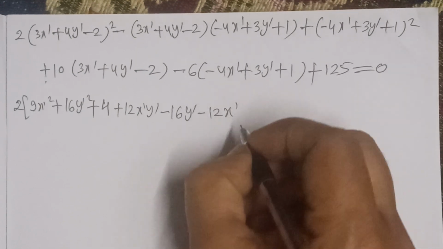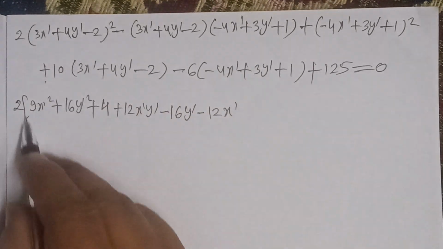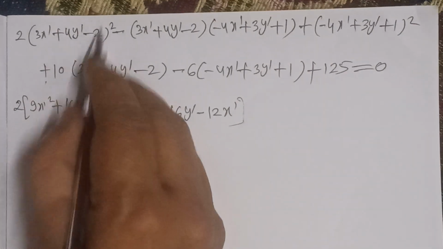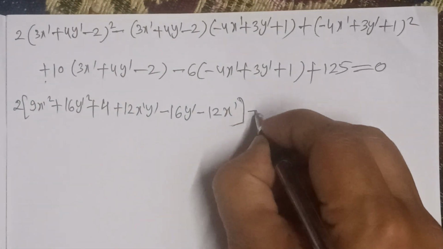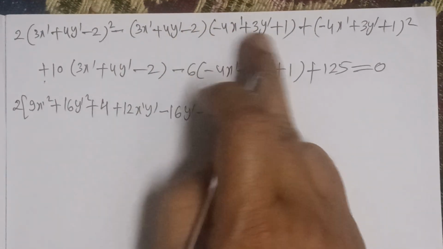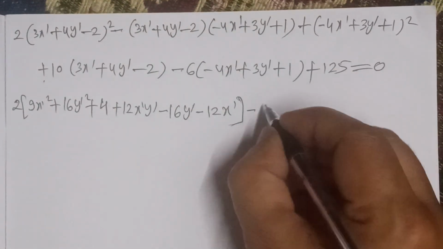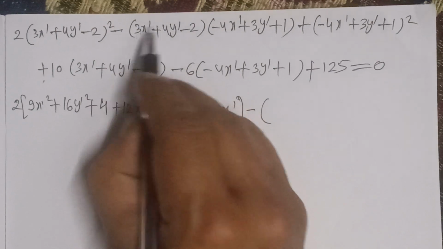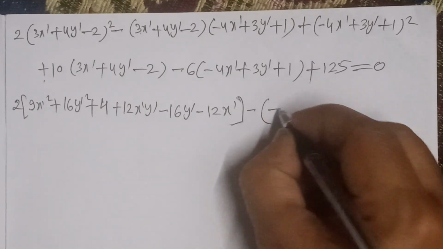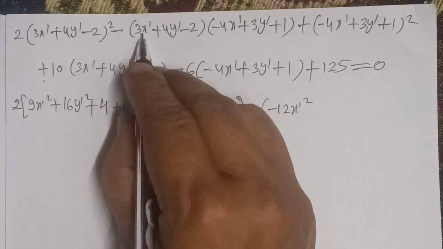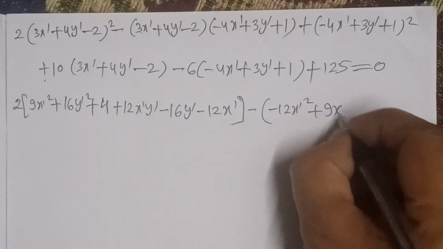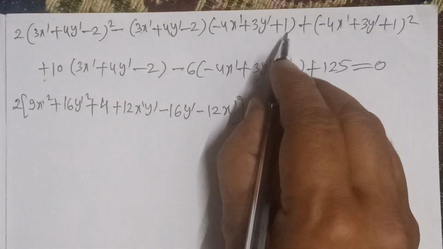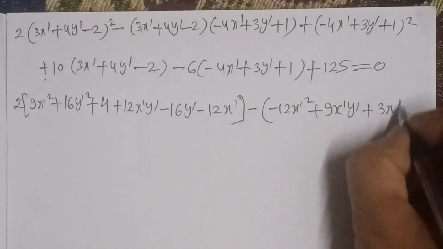12x'. This is a square of this bracket. Next term, we have to multiply these two brackets, so this multiplied to this becomes 12x' square plus 9x'y' plus 3x'.